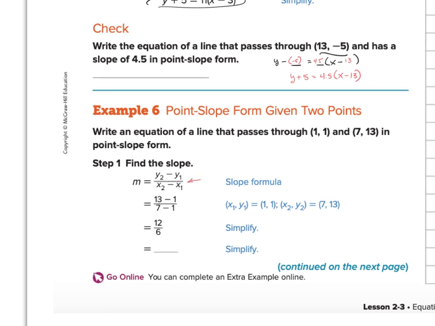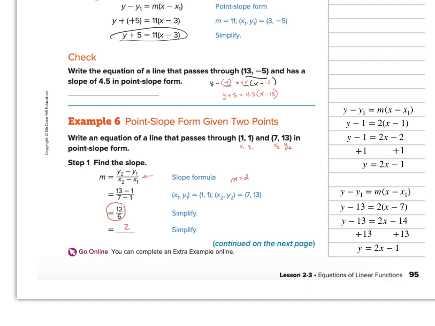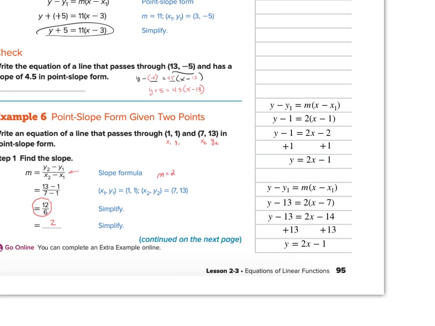So in this case, they said this is x1, y1, x2, y2, and they used those in my slope formula to find out that the slope was 12 over 6, or 2. So I know that slope is 2, and now in order to write the equation in point-slope form, I've done it right here.